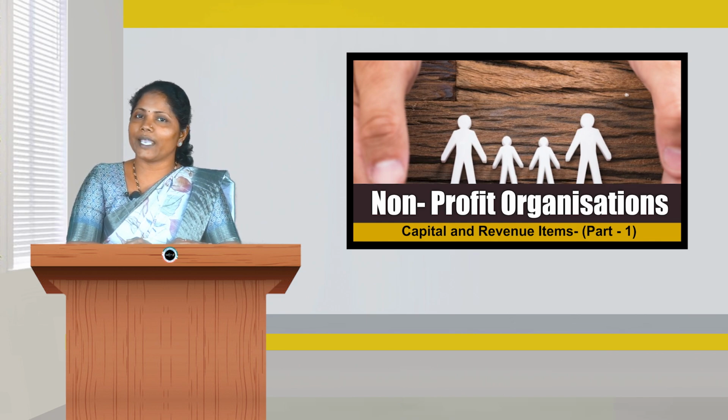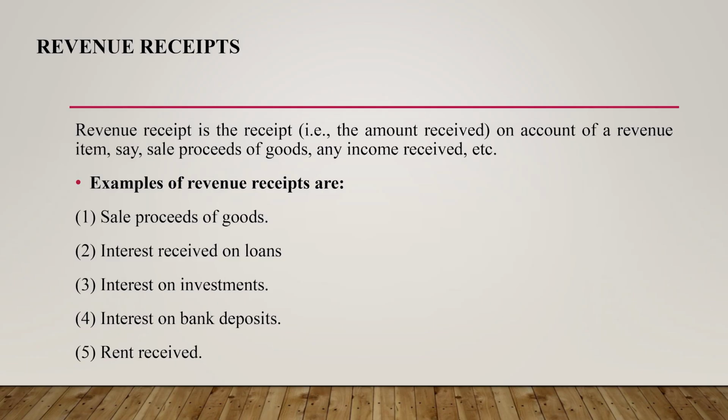Then we can move to the next item, that is revenue receipt. Revenue receipt is an amount actually received which is of revenue nature. Say for example, sale proceeds of goods and any income received by a concern are considered as revenue receipts.